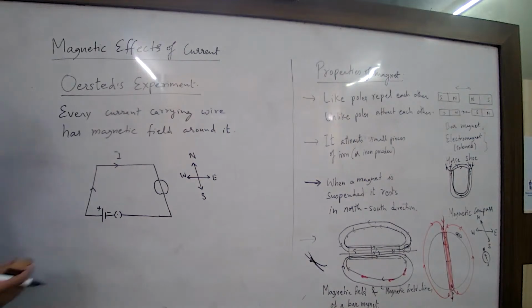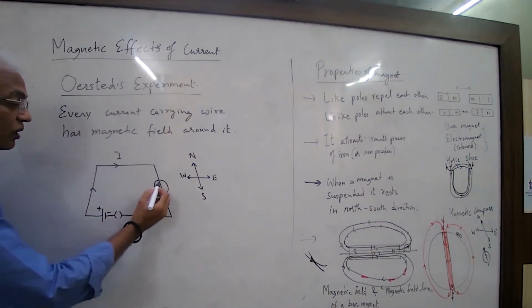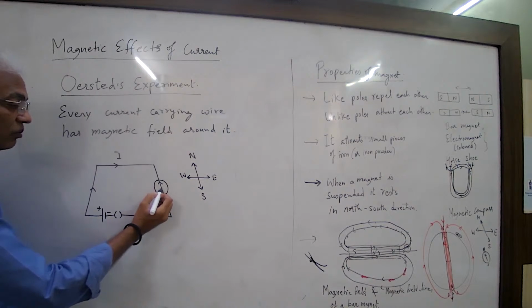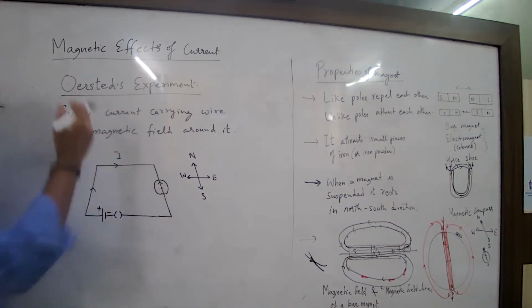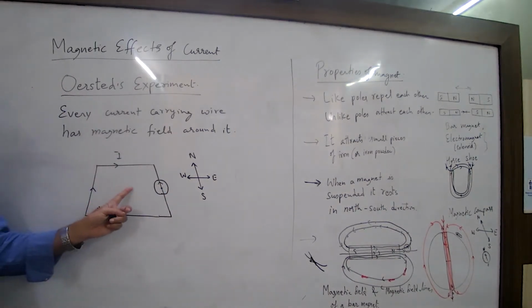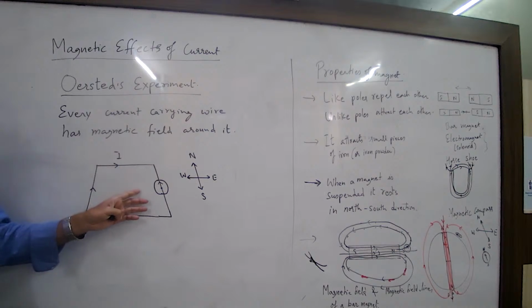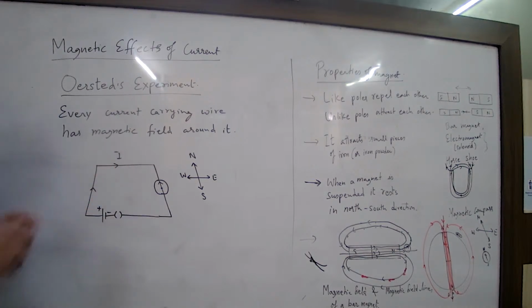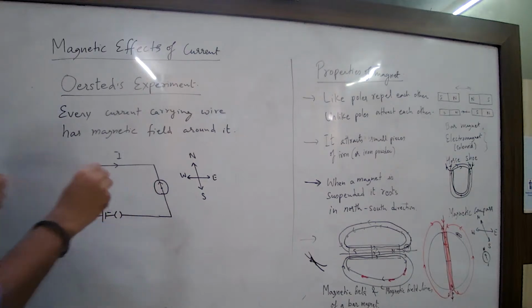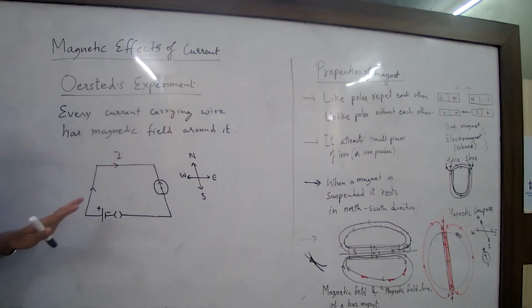Right now, is there any current flowing when the key is not closed? No current. So when no current is flowing, the magnetic compass is pointing towards the north direction. Where is this compass placed? Below the wire. There was a compass and this circuit was kept over it. Understood?